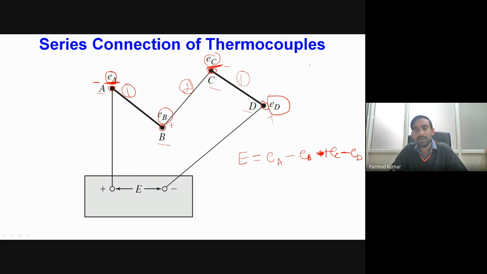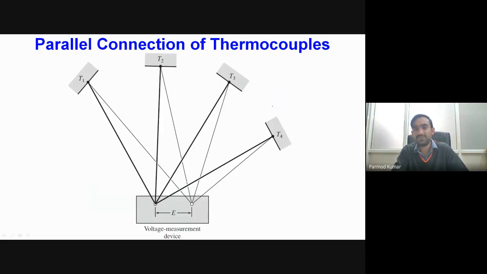So if we are employing this type of circuit for measurement of the temperature, then we can vary the temperature only at a single junction, and the other three junctions we have to maintain at a certain constant value of the temperature. Okay, so this type of arrangement is very complicated, and it is not mainly used for measurement of temperature.